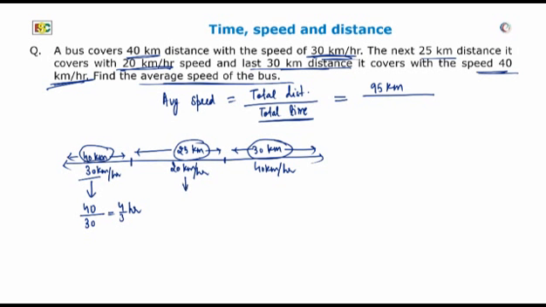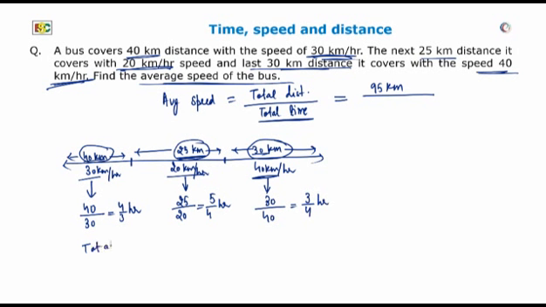For the second part, again time is distance upon speed, that is 25 upon 20 or 5 upon 4 hour. In the same way, for the third part, time will be equal to distance, that is 30, upon speed, that is 40, equal to 3 by 4 hour.